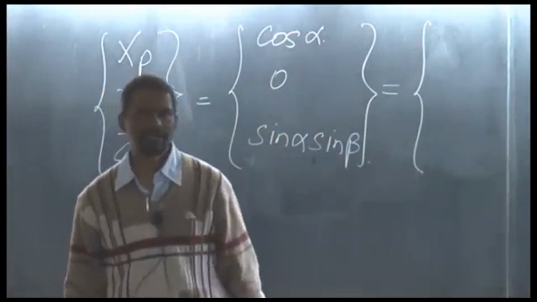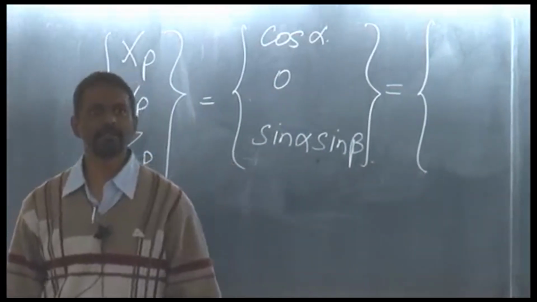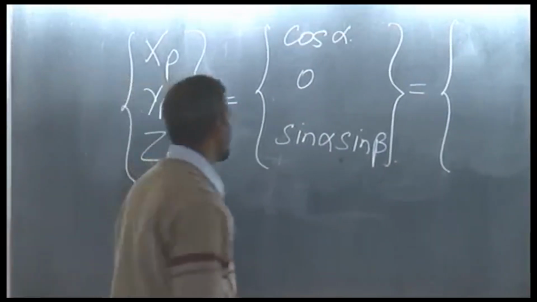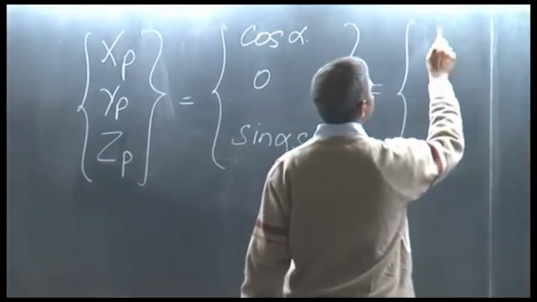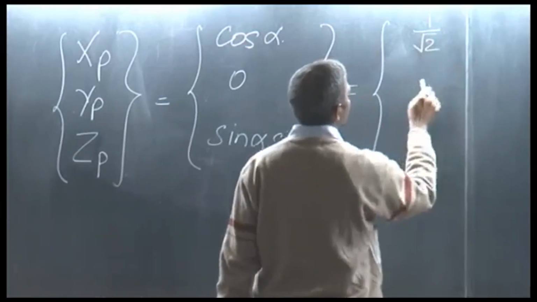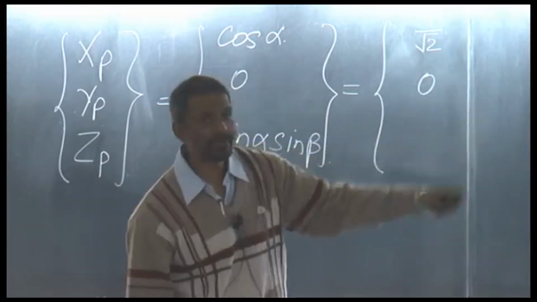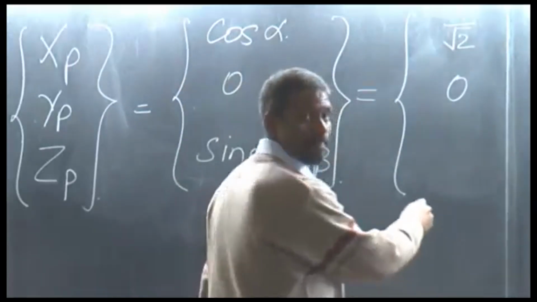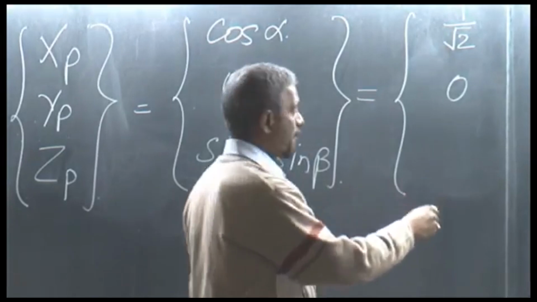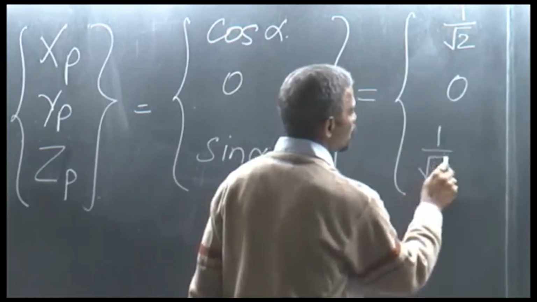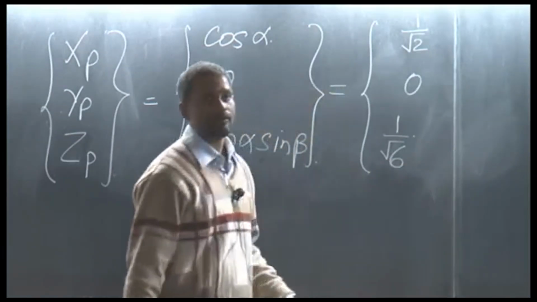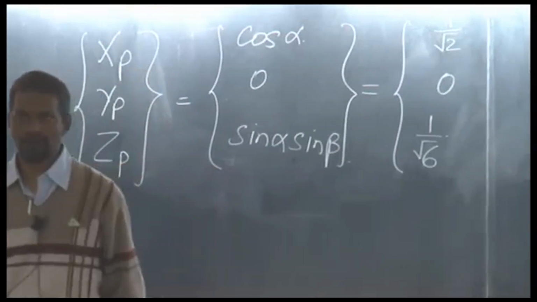Let's just take the positive values for now. What is cosine of alpha? 1 by root 2. Y is 0. What is sine of alpha times sine of beta? So this would be 1 by root 6, na? Fine?